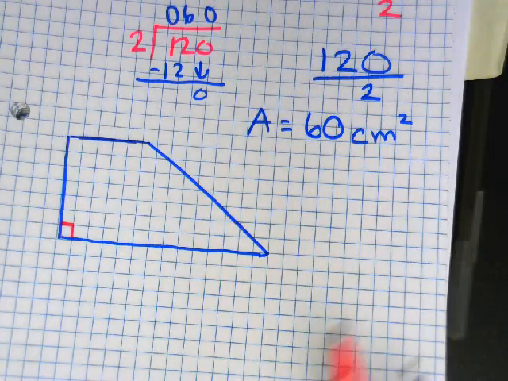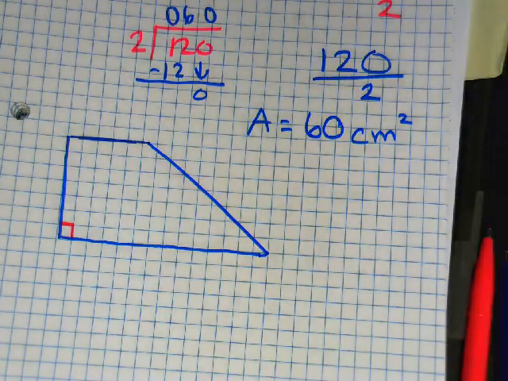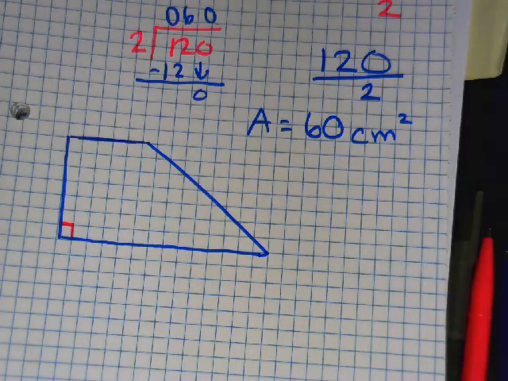There. That's a trapezoid. Does it have 4 sides? Yes. Are 2 sides parallel? Yes. The top and the bottom are parallel. But are the sides parallel? No. One's like this and one's like this, and they will cross, right? So that's why it's called the trapezoid, not a rectangle, not a square, whatnot.